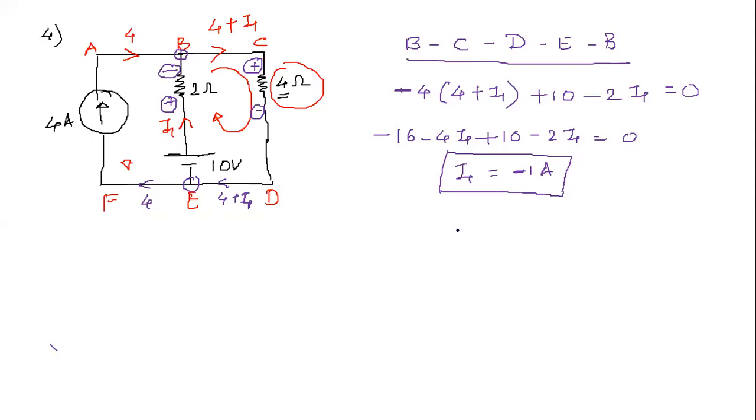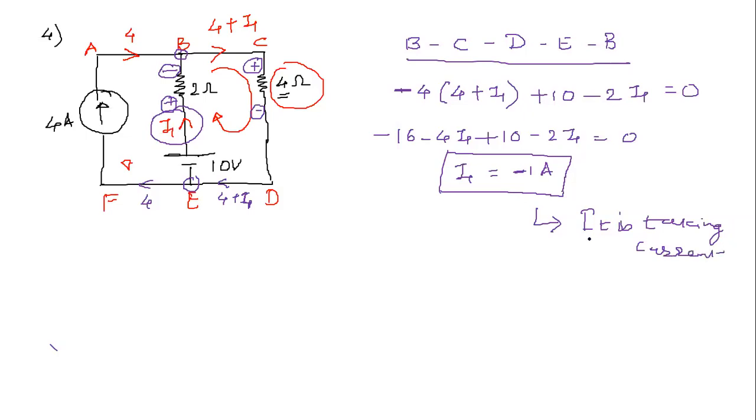That means what we have assumed, it is coming out, it is outgoing current. But it is minus 1, so whatever the assumed direction of current was wrong. Rather, it takes current. It is taking current now.